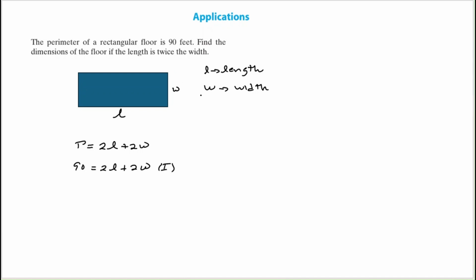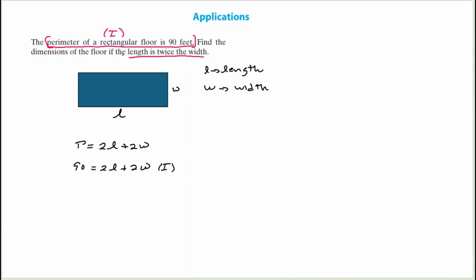What else is given? They say that the length is twice the width. So the first equation came from the perimeter of the rectangular floor being 90 feet. This is the origin of the first equation.